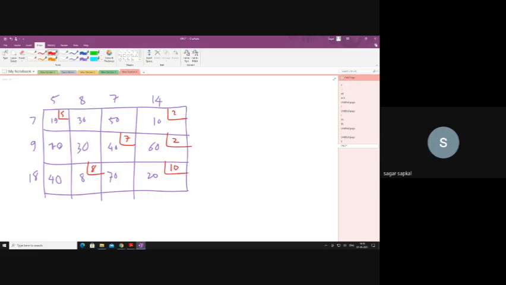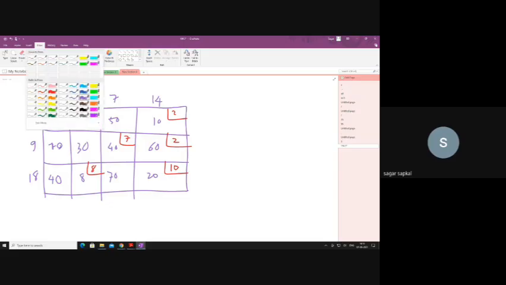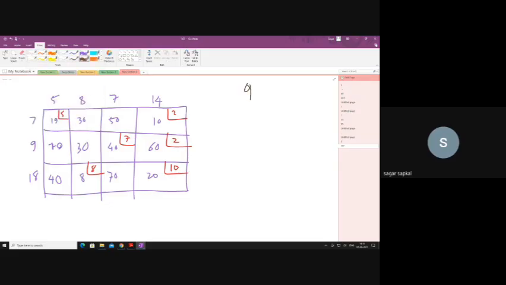Okay, and it is a non-degenerate solution. Now we have to apply the optimality test. Here we are going to use the modified distribution method, called the MODI method, which is also called the UV method.